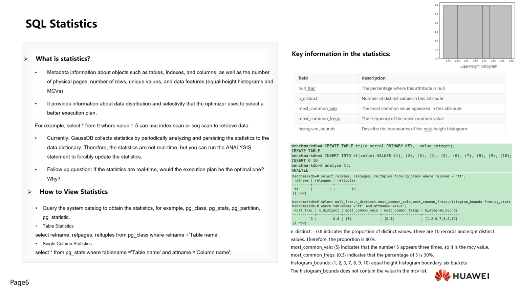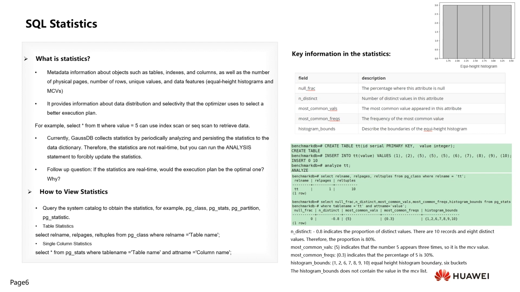From the last slide, we learned that the operators execute the plan. But what about the plan itself? So what information or what input does the optimizer take in order to generate the plan? In this slide, I will introduce you to the SQL statistics that provide the metadata information about objects such as tables, indexes, and columns, and so on.